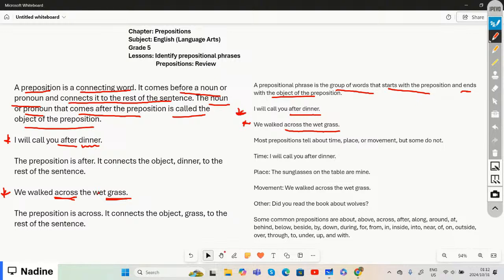So we said the prepositional phrase is a group of words that starts with the preposition and ends with the object of preposition. Most of our prepositions tell us about time, place, or movement: where it's happening, when it's happening. But of course, some do not tell us any of those.